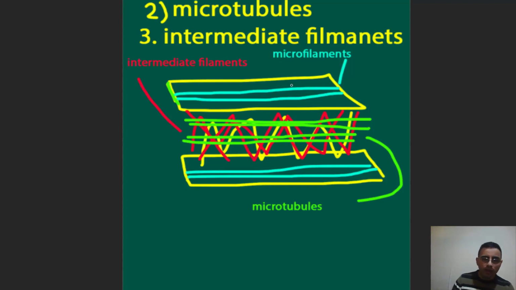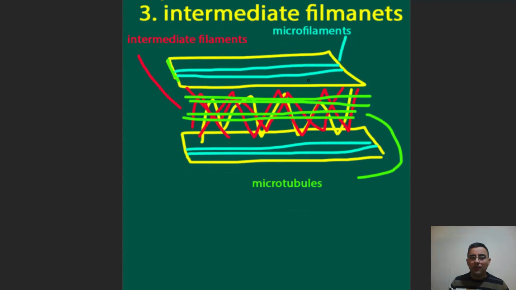Let's talk about microfilament structure and function. Firstly, microfilament function is contraction of muscle, the actomyosin complex, and in this contraction microfilaments, or F filaments, or actin filaments take part.